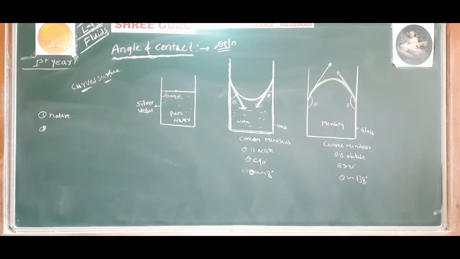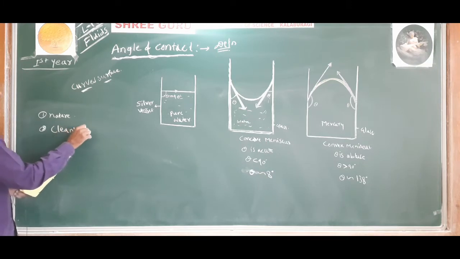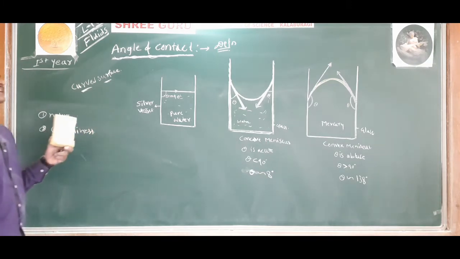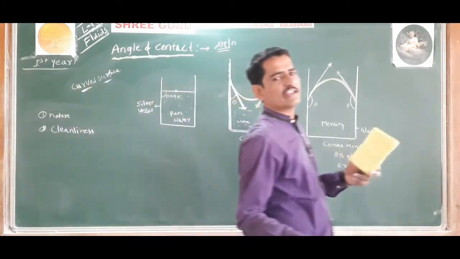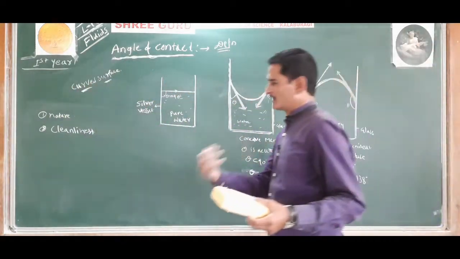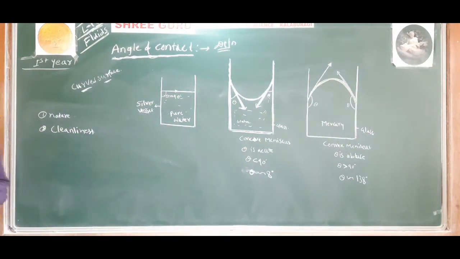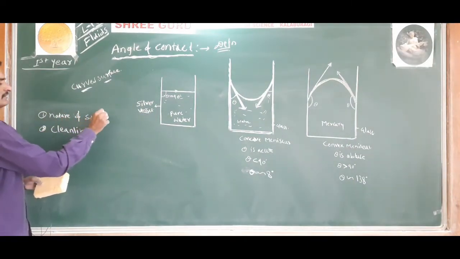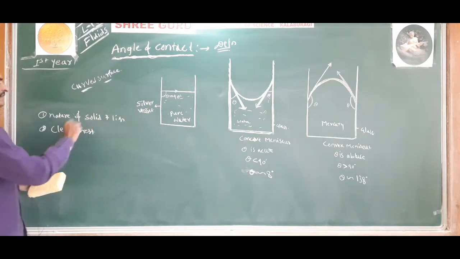And the angle of contact depends upon the cleanliness of surfaces, the cleanliness of the surface in contact, whether the surface is clean or it has some dirt. So, the angle of contact depends upon the nature of solid and liquid.